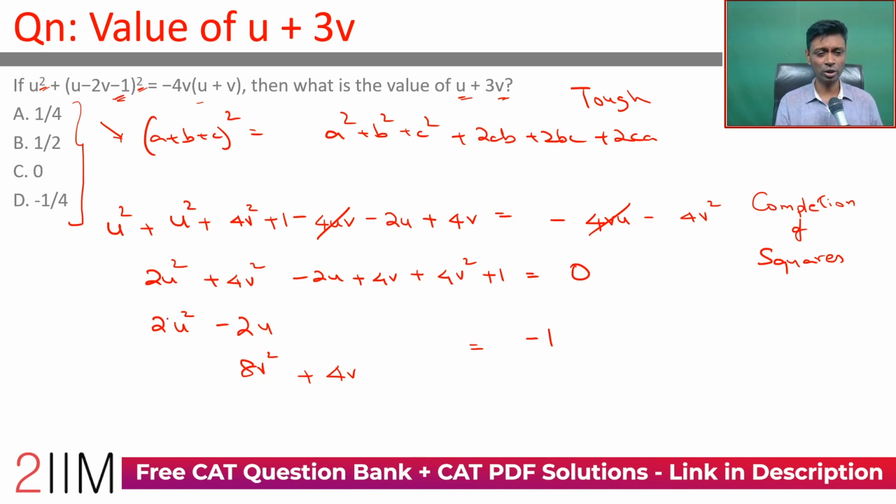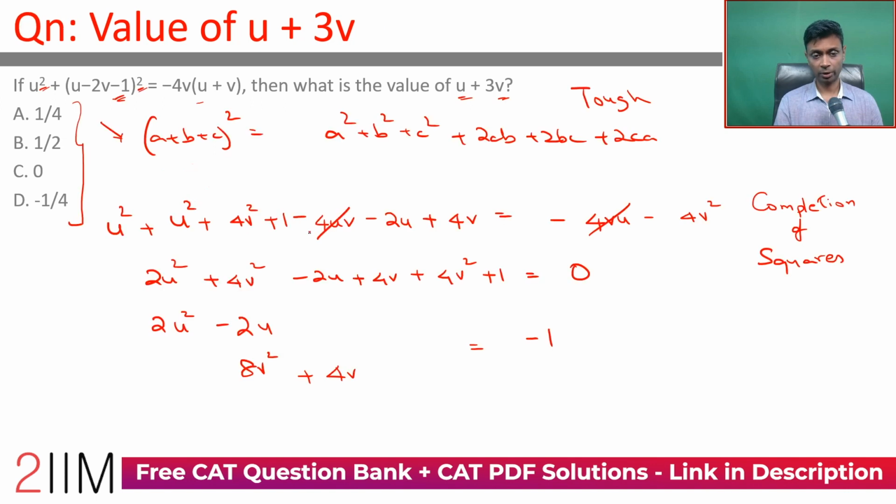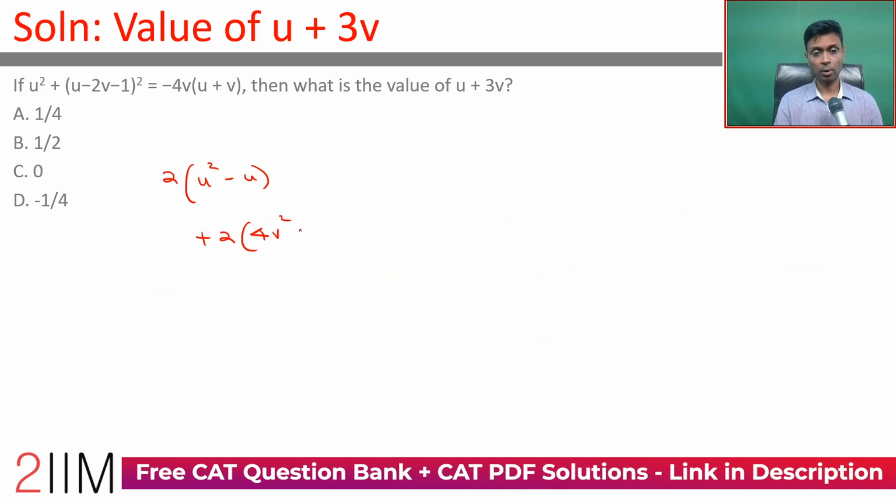So I'm going to take out a 2 from here and a 2 from here and then try to simplify this. So what have we got here? 2 times u square minus u plus 2 times 4v square plus 2v equals minus 1.